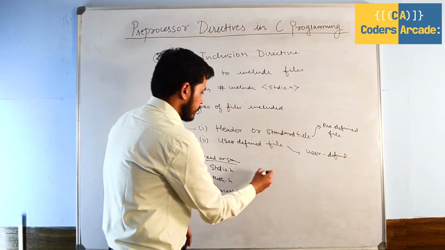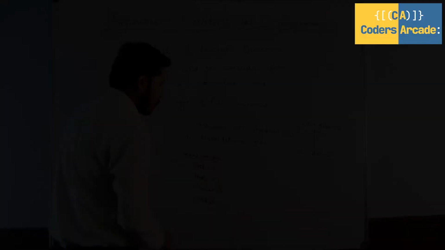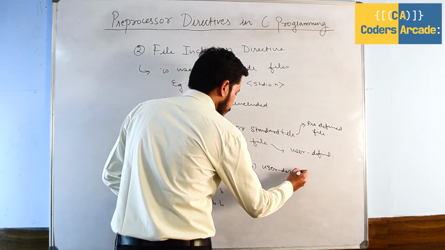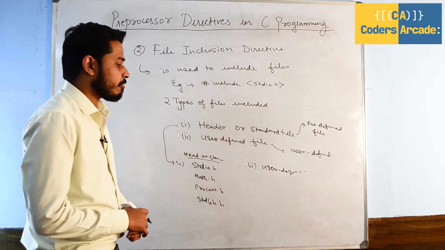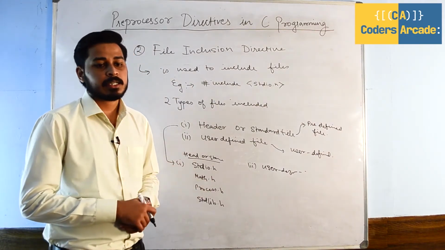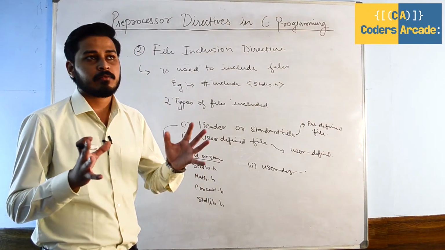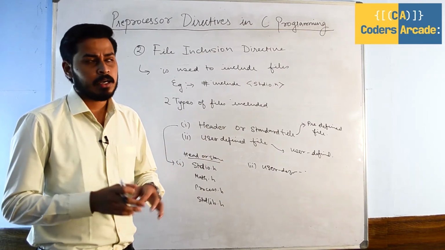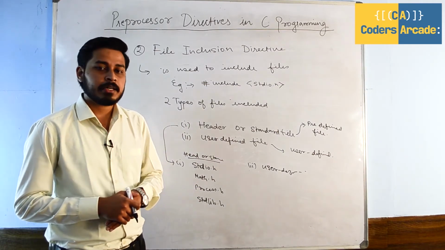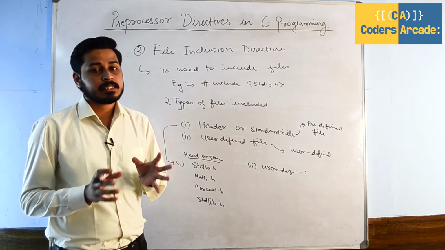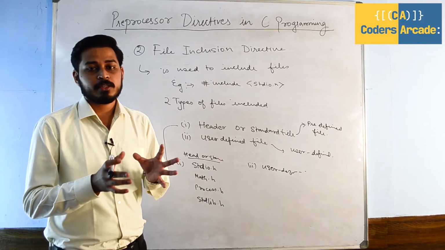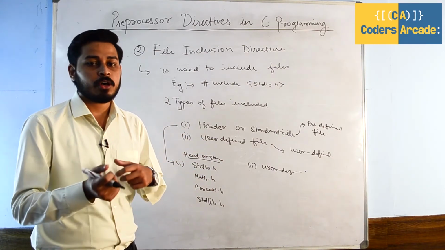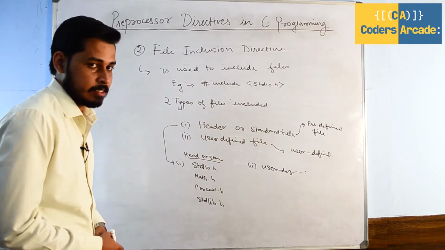Now the second one is the user defined files. So what are user defined files? User defined files are nothing but, when you have a very large program, suppose around 200 to 300 lines of code, good practice is that you should divide that program into small parts, and then you can include those parts as user defined files.